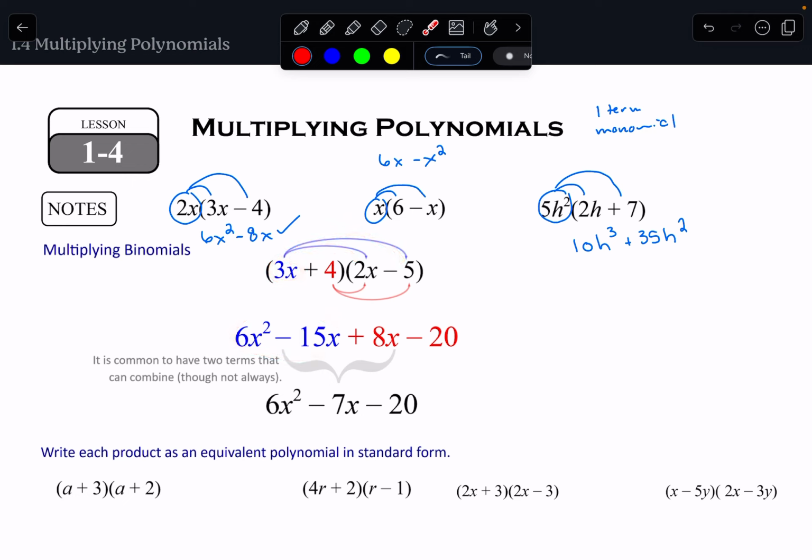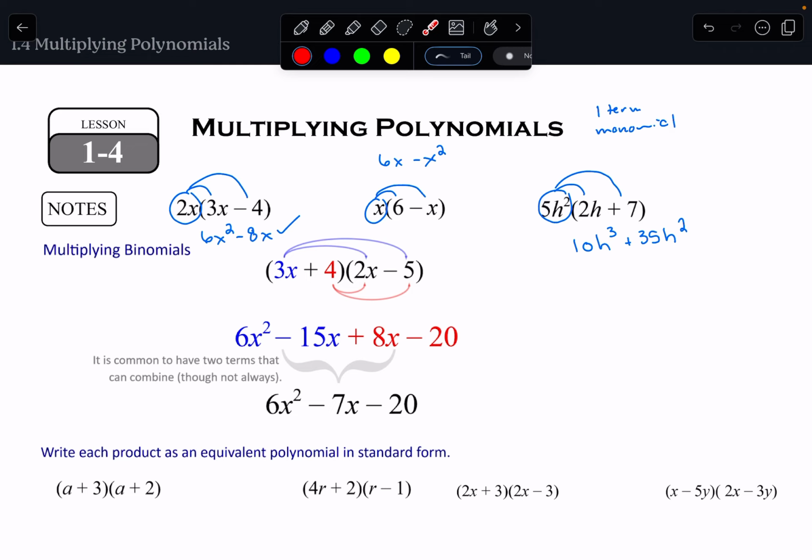So once you multiply things together, there's a note right here that says it's pretty common that two of those will combine together. So like the negative 15x and the plus 8x can add together to become negative 7x. So here's where you need to be careful.